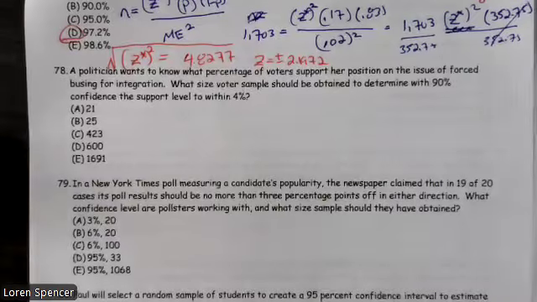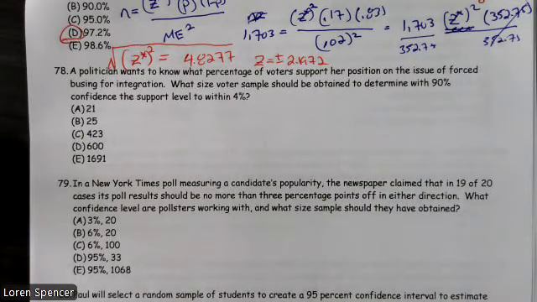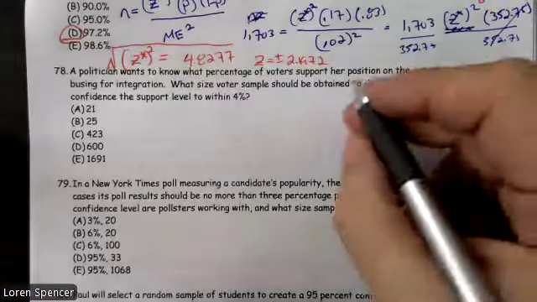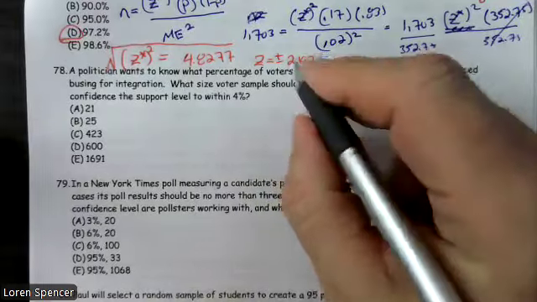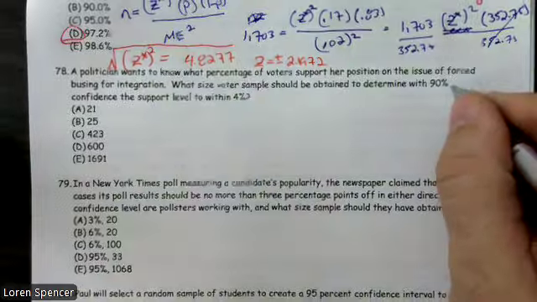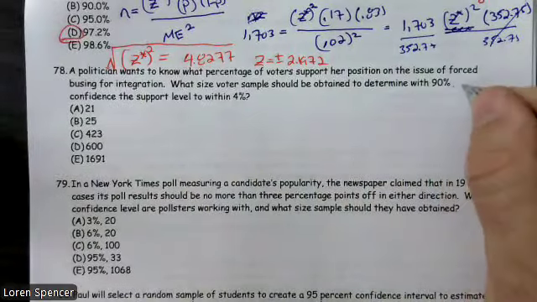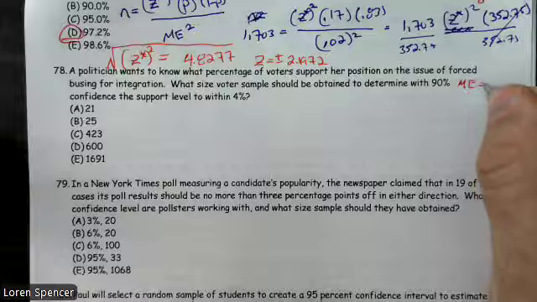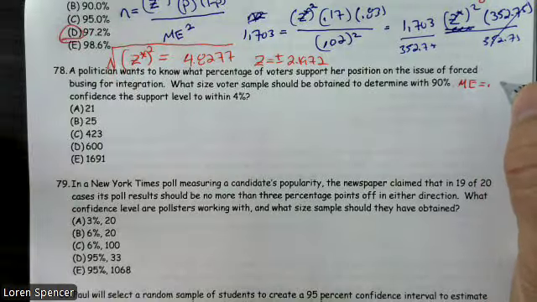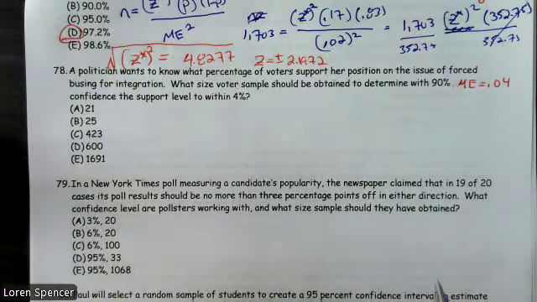A politician wants to know what percentage of voters support her position on the issue of forced busing for integration. What size of voter sample should be obtained to determine within 90% confidence to support the level to within 4%? So in this case, they're telling us we want a 90% confidence level because that's going to drive our Z, but our margin of error in this case is 0.04. All right.